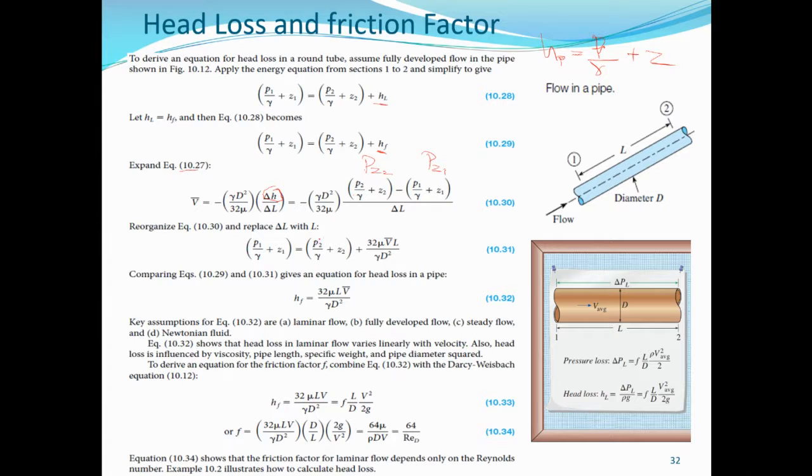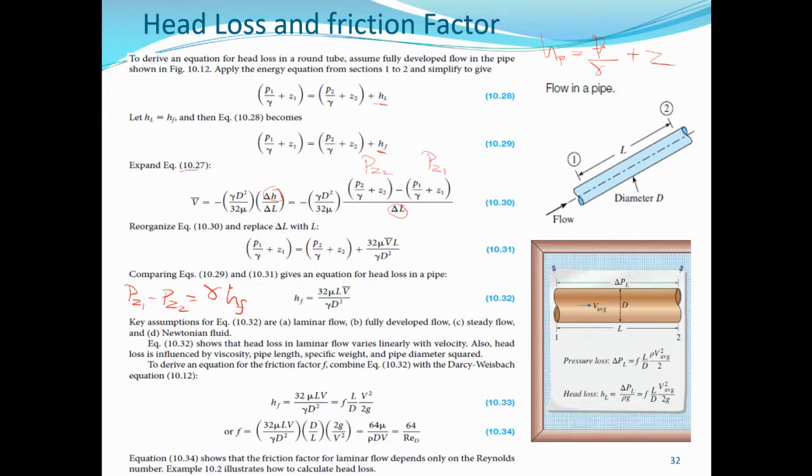And then when we replace delta L with L and reorganize, we will have it to be this. We take the difference: the piezometric head at point 1 minus the piezometric head at point 2 gives us the pressure head, which is the head loss times gamma, gamma HF.